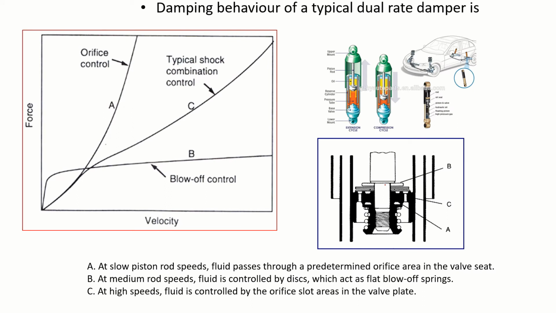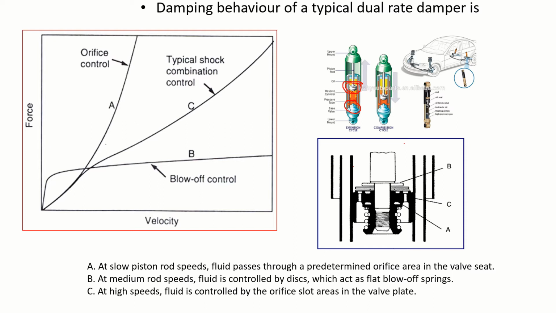And mainly the damping which I explained earlier, because of this here, we'll have orifices. When the oil passes through these orifices, then only the dissipative effect is created, which I have explained earlier with the help of Newton's law of viscosity.